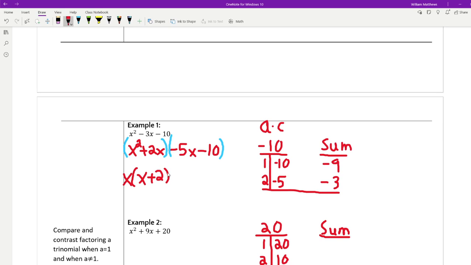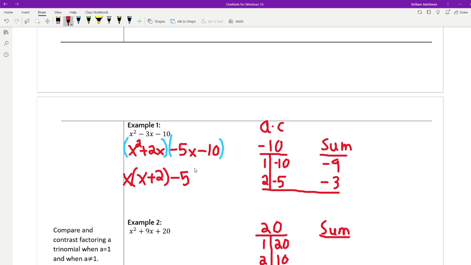I did not go into detail on situations like this, but our goal is to get the parentheses to be the exact same value. In this case, our leading term is a +x. In order to get a +x in our second parentheses, we're going to have to factor out a negative. The GCF there is 5 as well, so I'm actually factoring out a -5.